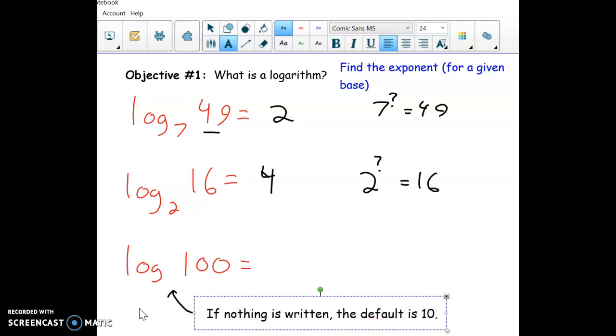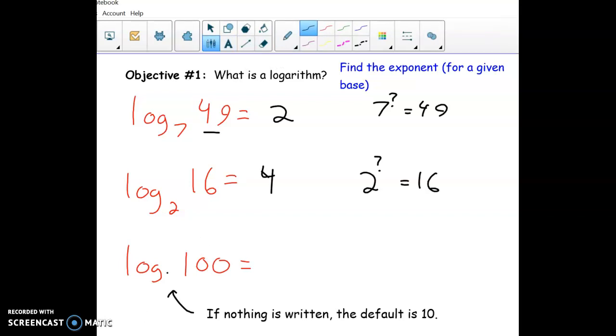If it just says log with no little number there, then it just means a 10. So we can sort of add it in here, you can do a little dashed 10 if you want. That didn't show up very well, but it's basically an implied 10. So this one says: what is the exponent for base 10 that'll give us 100? And the answer to that is 2. And that's called evaluating the log: finding the value, finding the exponent, essentially.